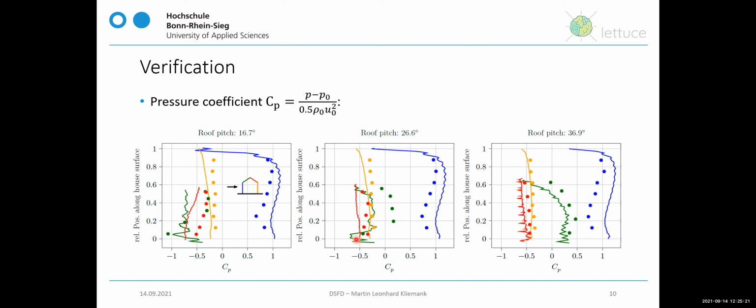And we can also see that already here at the 26-degree roof, there's at least qualitative agreement between the results. So for example, here we have this steep decline and then this shape, and here it's the same for the simulation results. And here we can quite clearly see the qualitative agreement, which is also the reason why for now we're focusing mostly on qualitative interpretations of the results.